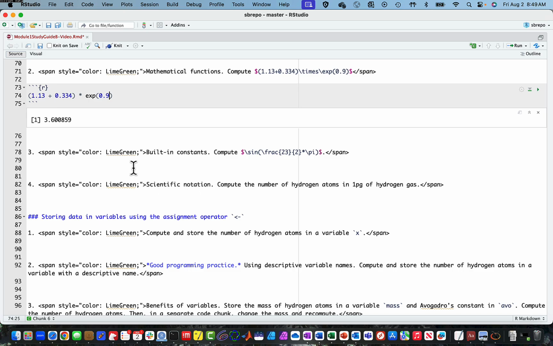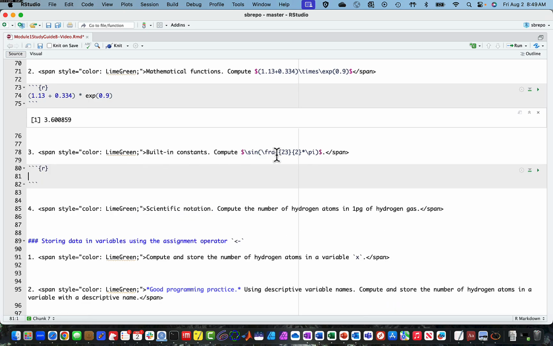R also provides predefined constants such as pi. To see how to use them, let's insert a code chunk and evaluate this expression, which is sine of 23 pi over 2. And there's a predefined function called sine. As you can see, it showed me the list, it's there.